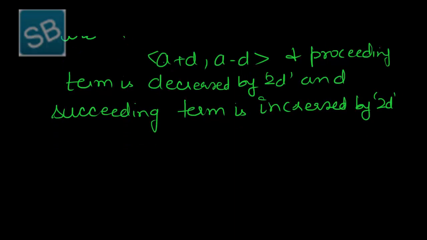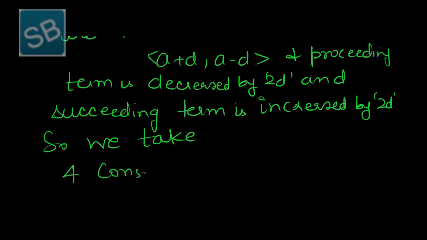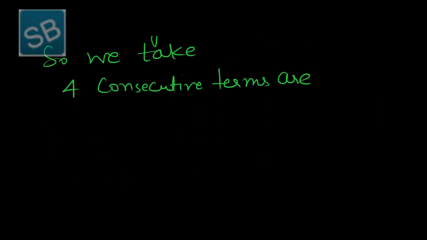So we take 4 consecutive terms as A minus D, A plus D. Increased by 2D it becomes A plus 3D and decreased by 2D it is A minus 3D. So these are the 4 consecutive terms.